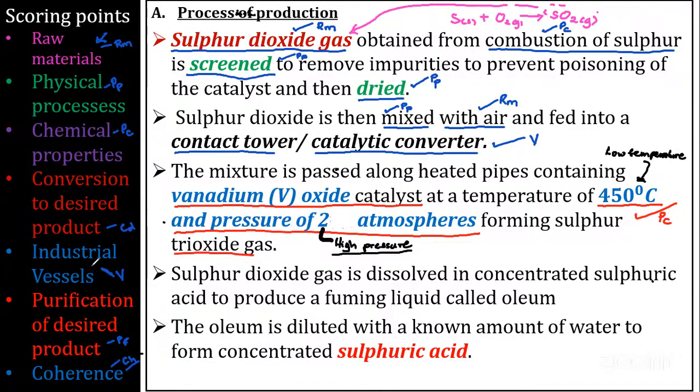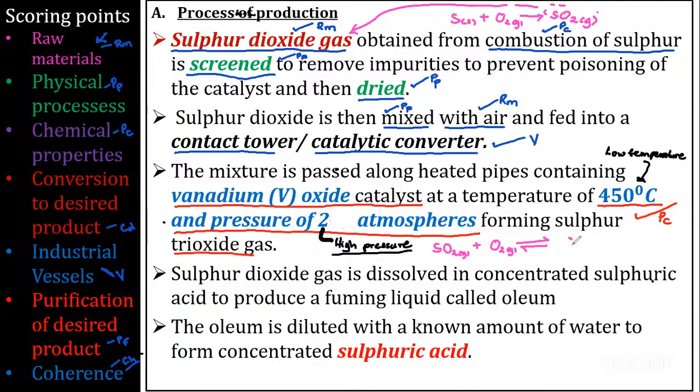And the equation, for those who love equations: the sulfur dioxide we made, which is a gas, is going to combine with oxygen, which is also a gas, and the reaction is going to be reversible, just like the reaction of manufacture of ammonia.